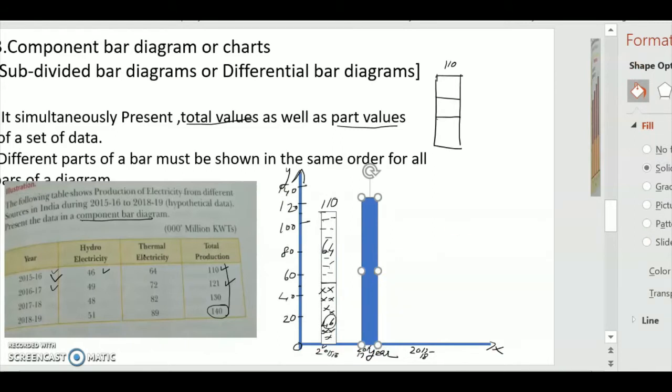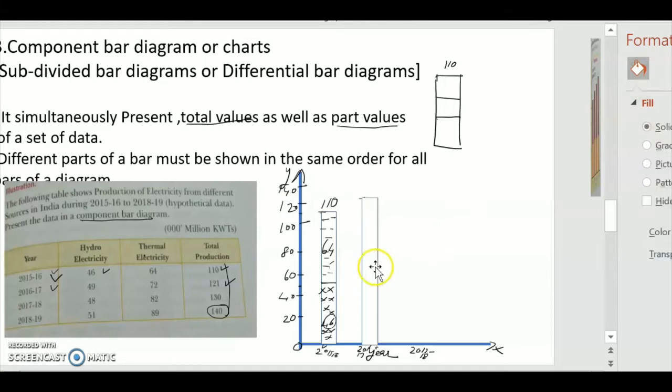Now the next step is to make the components of this bar. First, hydroelectricity is producing 49 in 2016-17. So 49 from the y-axis, we have to find 49. It will come above 46, almost here. Again I am giving the same design, writing 49 here, and the other thermal electricity is producing 72 units.